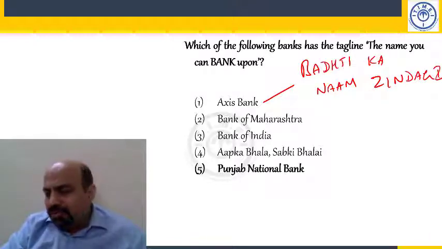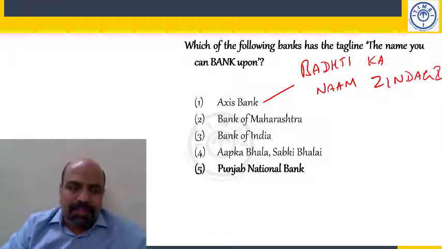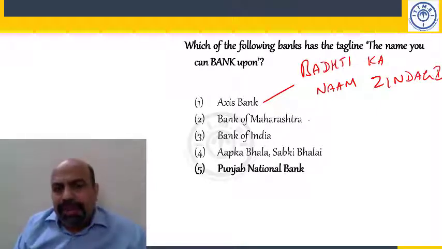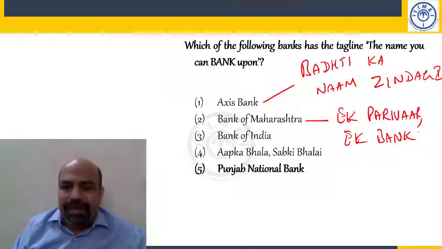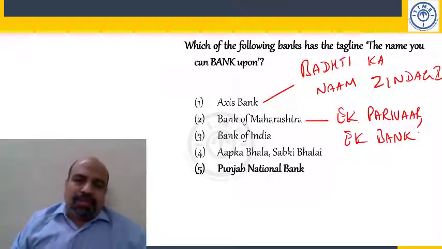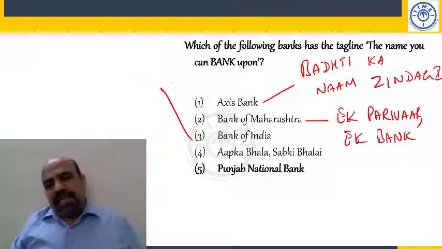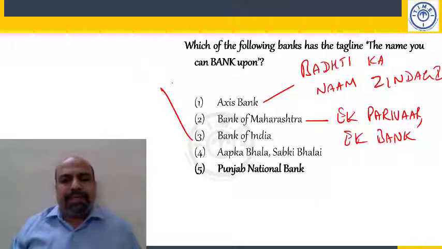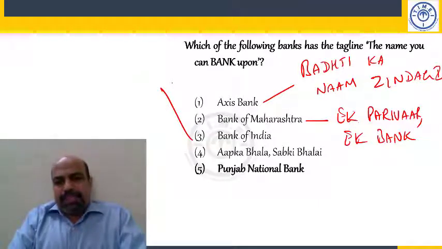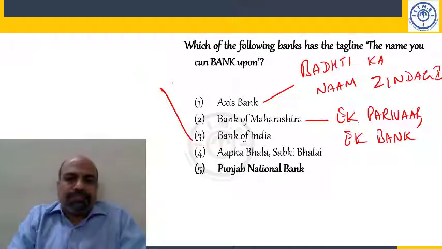Bank of Maharashtra, you could write, what is that? Ek Parivar Ek Bank. If you put it in English, it's one family, one bank. That's it. Bank of India, relationship beyond banking. Relationship beyond banking. Okay.